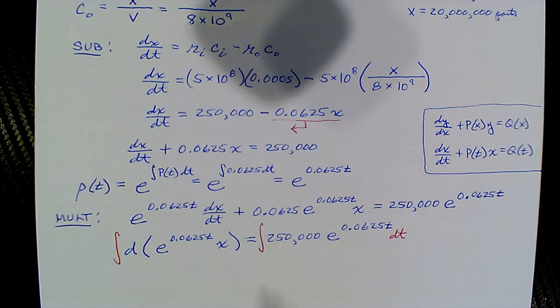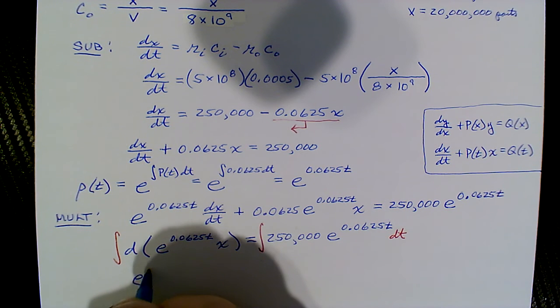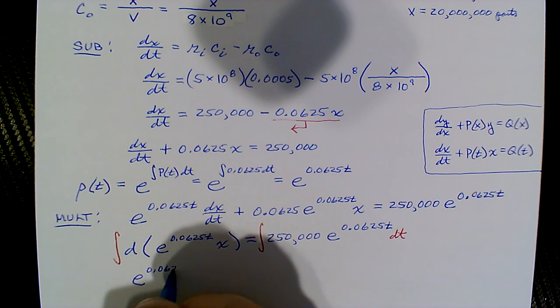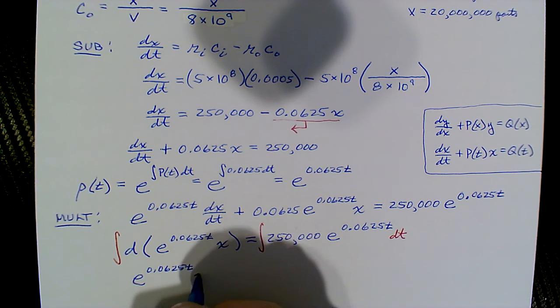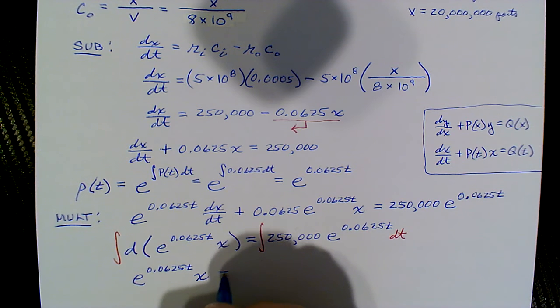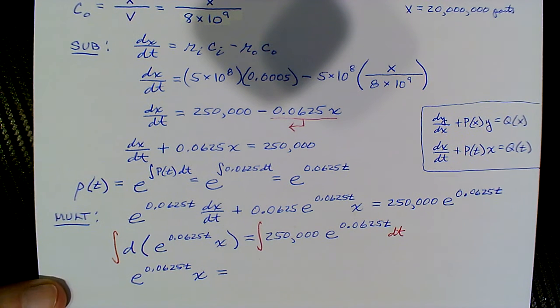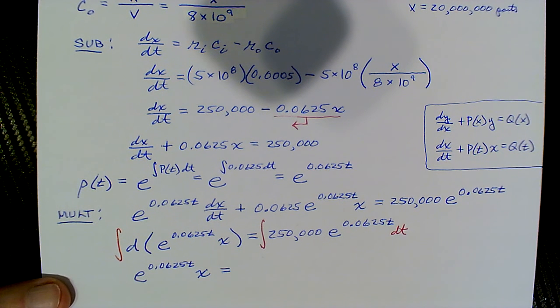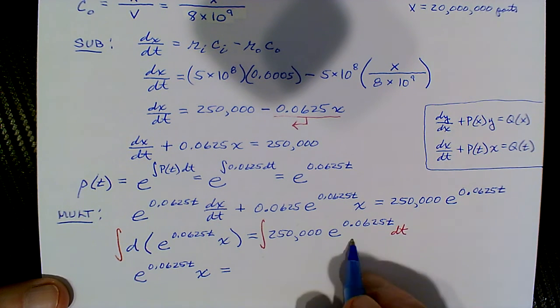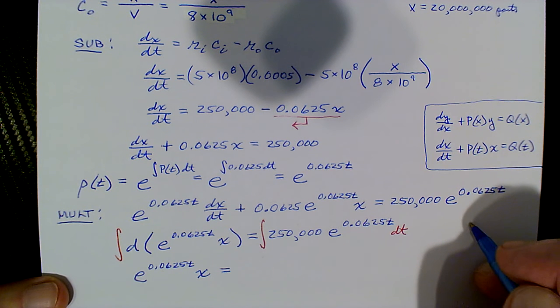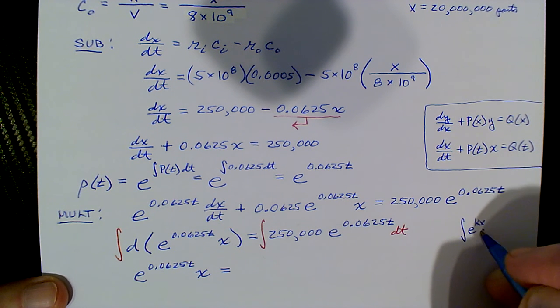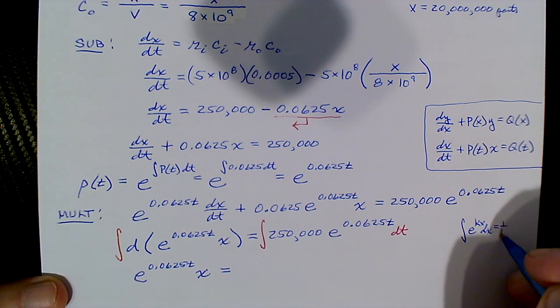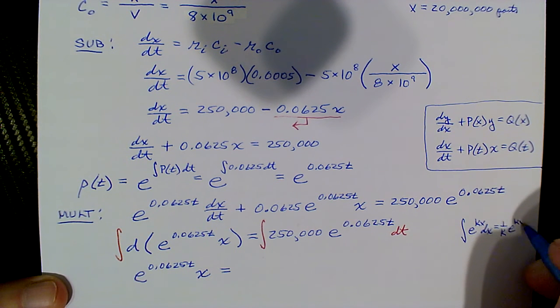When we integrate the left-hand side, integrating the derivative of something, we just get the something. So e to the 0.0625t equaling, remember the formula for integrating e to the kx with respect to x: we get 1 over k e to the kx plus our constant.